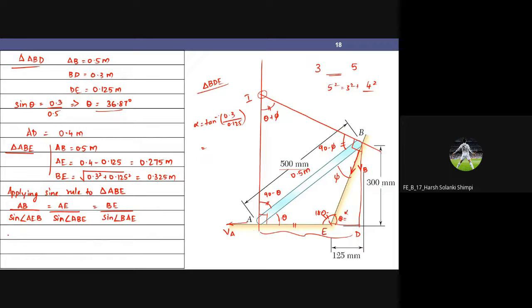Yes sir. So what is my length AB? Length AB is 0.5 divided by sine of angle AEB, equal to the length AE I have found out, 0.275 divided by sine of angle ABE, equal to BE, 0.325 divided by sine of angle BAE.